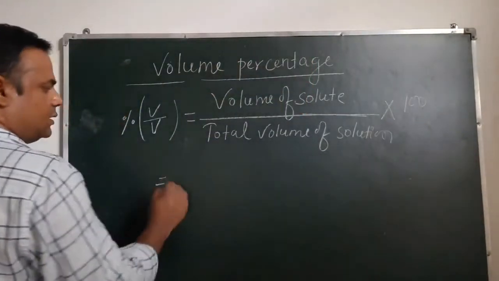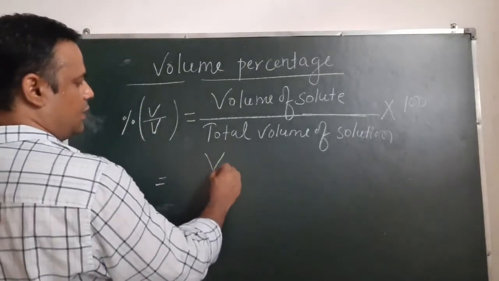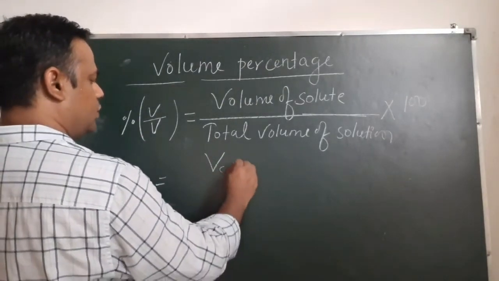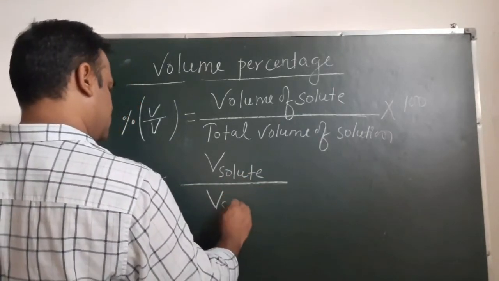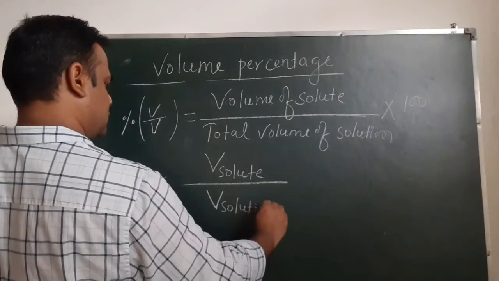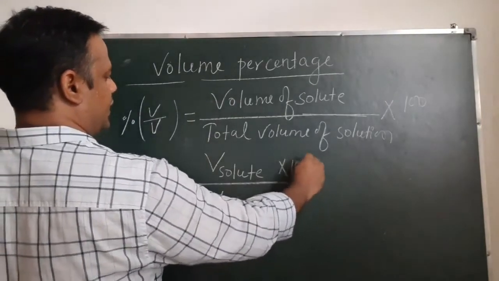Or we can write it in the form of a formula: volume of solute divided by volume of solution, multiplied by 100.